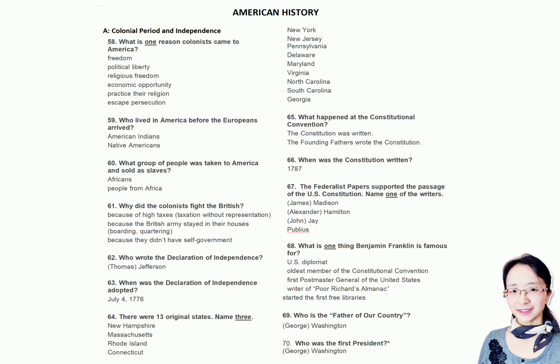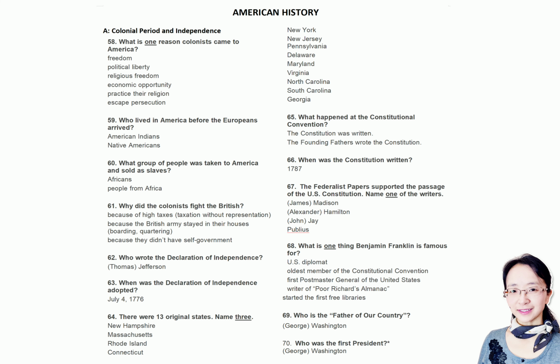What is one thing Benjamin Franklin is famous for? U.S. diplomat, oldest member of the Constitutional Convention, first Postmaster General of the United States, writer of Poor Richard's Almanac, started the first free libraries. Who is the father of our country? George Washington. Who was the first president?